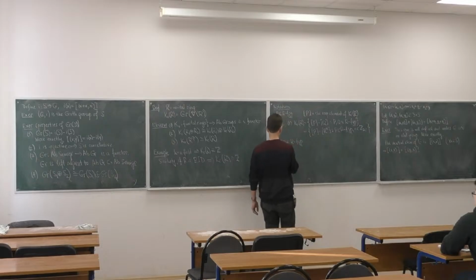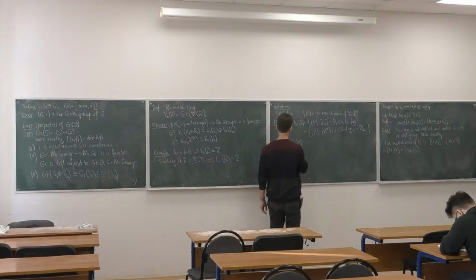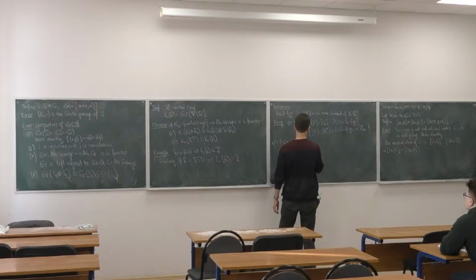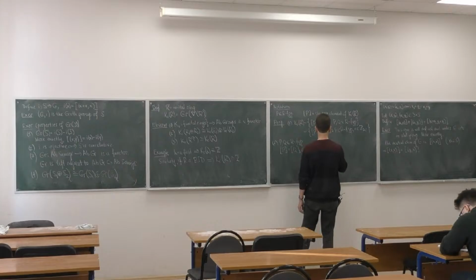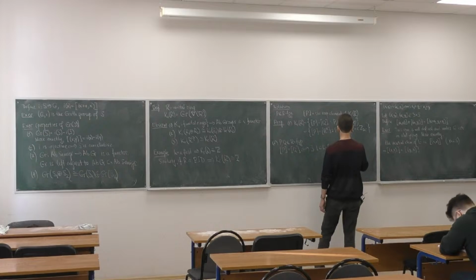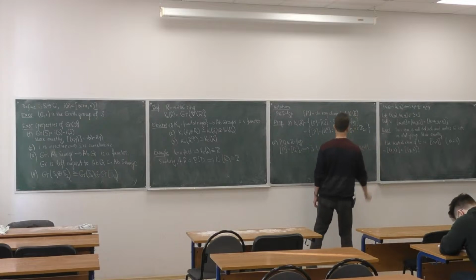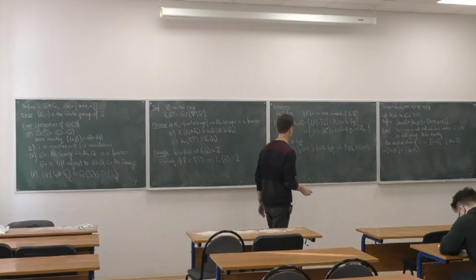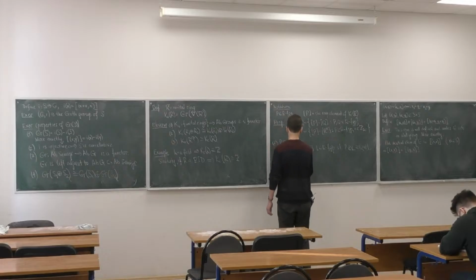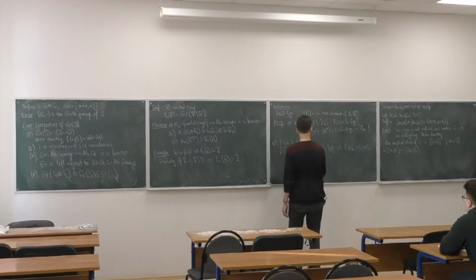If we now have two finitely generated projective modules, P and Q, then the respective elements of K0 of R are the same if and only if there is another finitely generated projective module L such that P plus L is isomorphic to Q plus L. And again, we can replace L by a suitable free module, and we get an equivalent property.